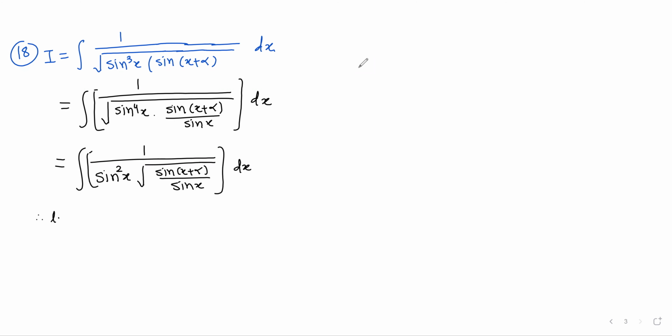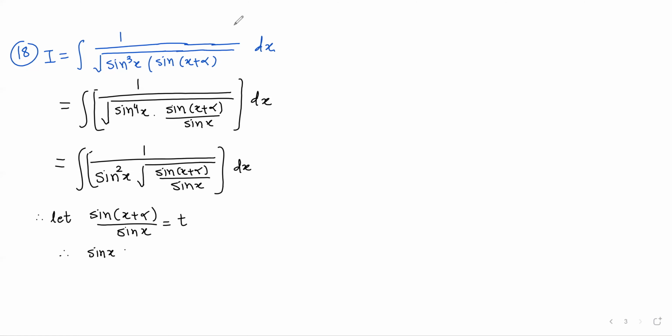So let sin x plus alpha upon sin x be equal to t. Therefore, now applying the u by v rule, sin x remains as it is.